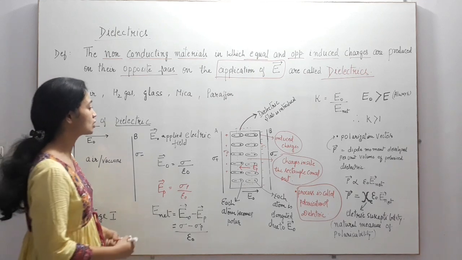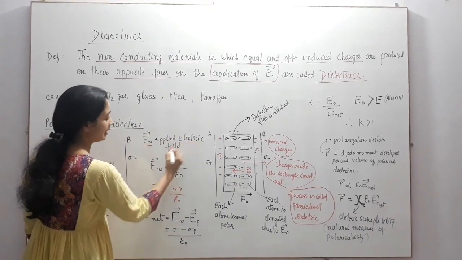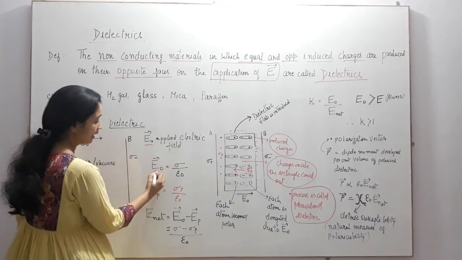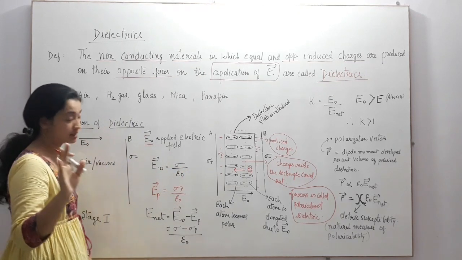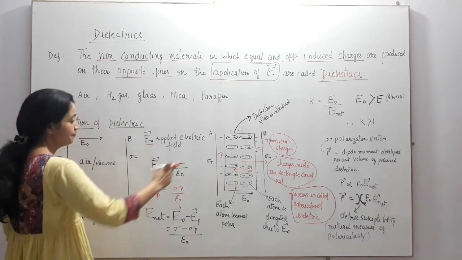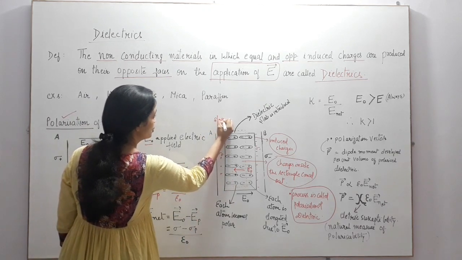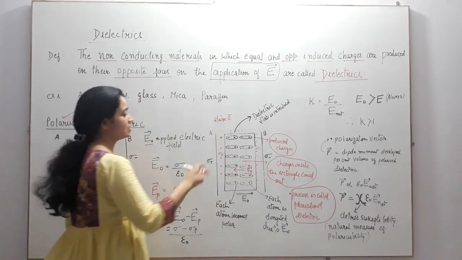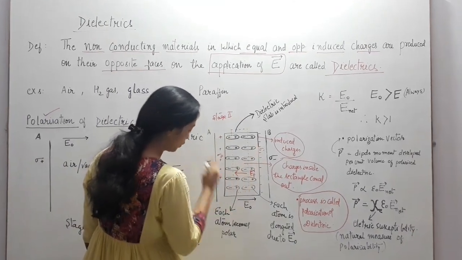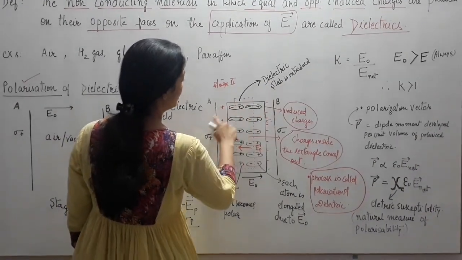Now let us move to stage 2. But before stage 2, what is E naught? It is the applied electric field, and you know that the applied electric field E naught is sigma by epsilon naught. This is something we have already established. This is our stage 2. What is the change? The change is we have introduced a dielectric slab in between the plates.